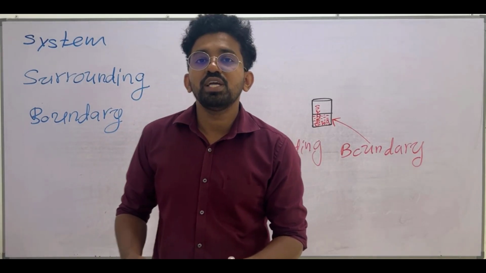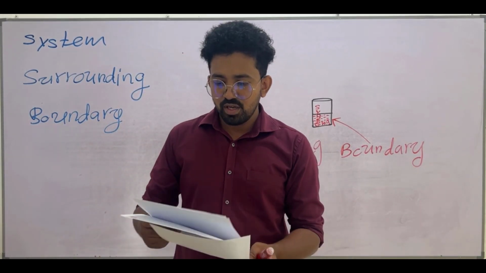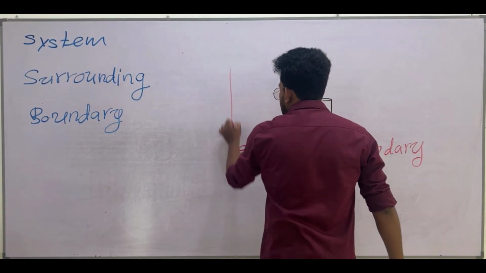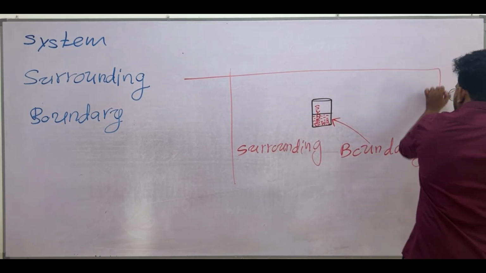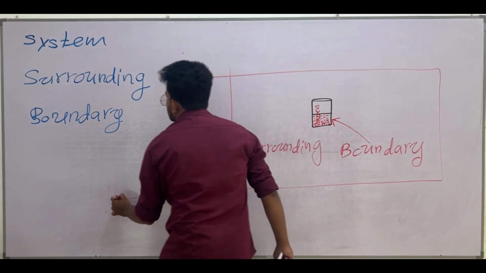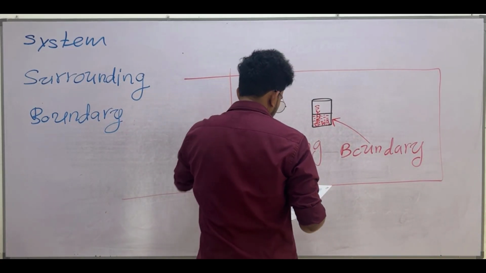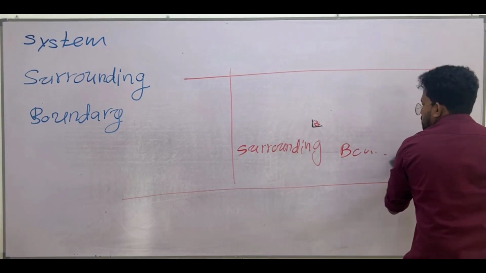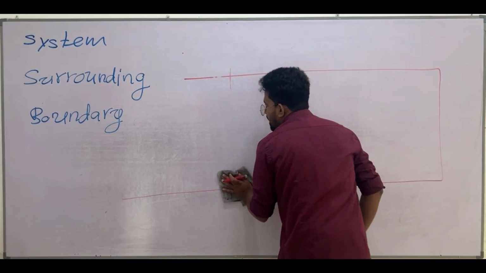So let's move to page number 4, and there is a box. So what you can do, you can divide the box. Hope you get the idea.